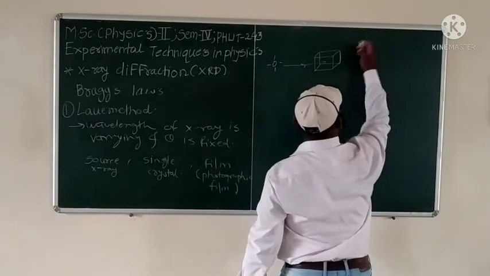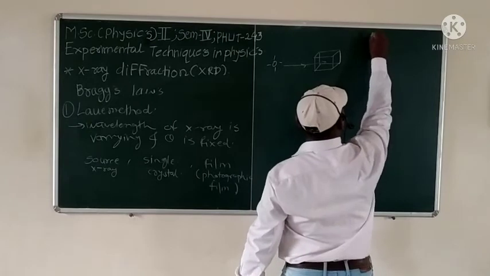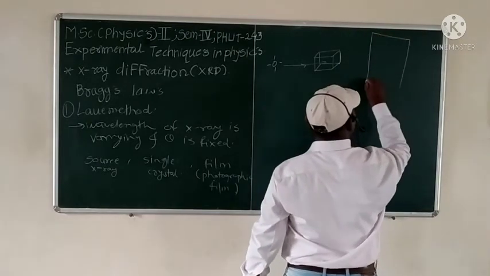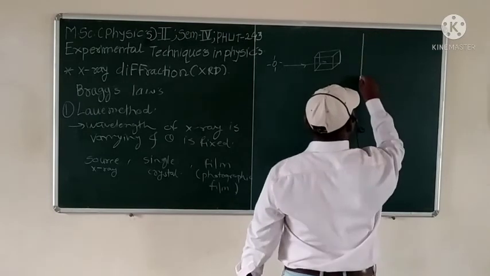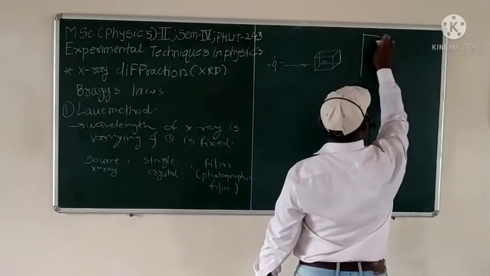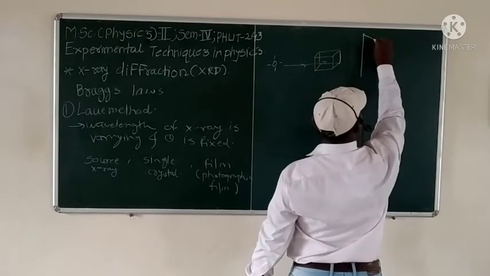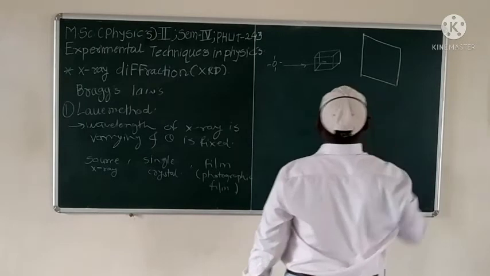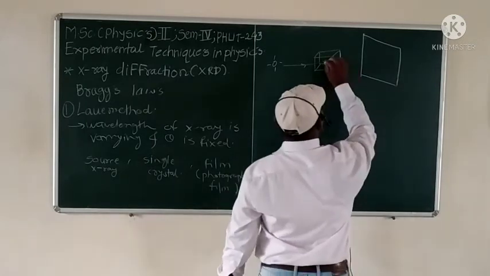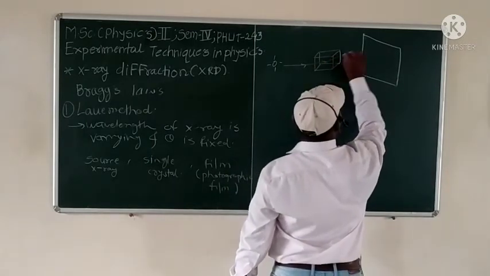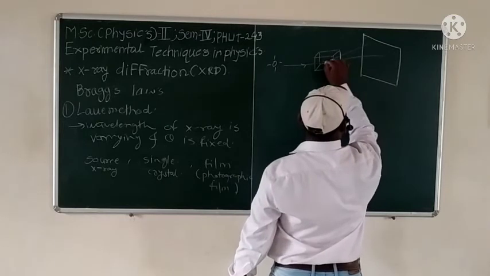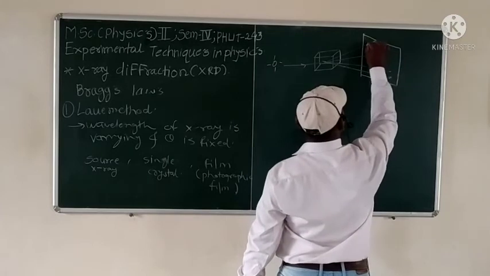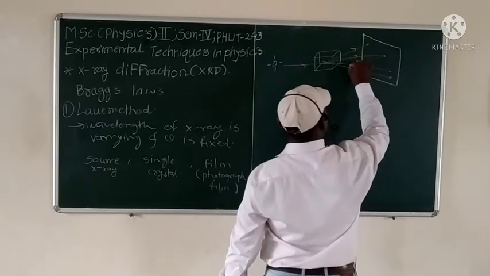We use a photographic film to record these diffracted rays. So after passing through the crystal, the X-rays get diffracted and interact with this photographic film.